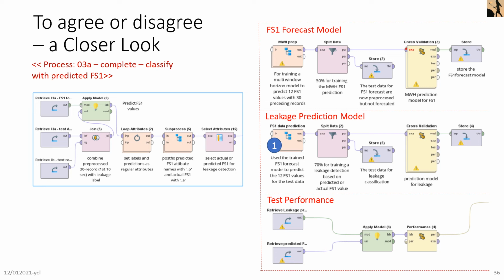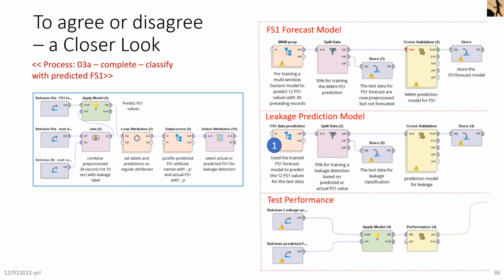Now move on to the next sub-process. This is where, just for demonstration purposes, I will prepare the attributes. If we postfix with -p, it means these are predicted values. Remember, we want to compare them to see if the actual value is actually better than the predicted value.